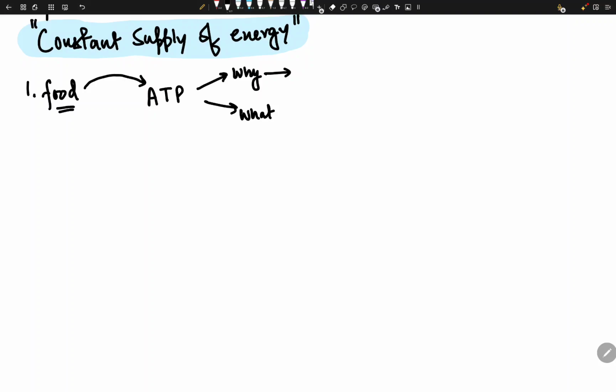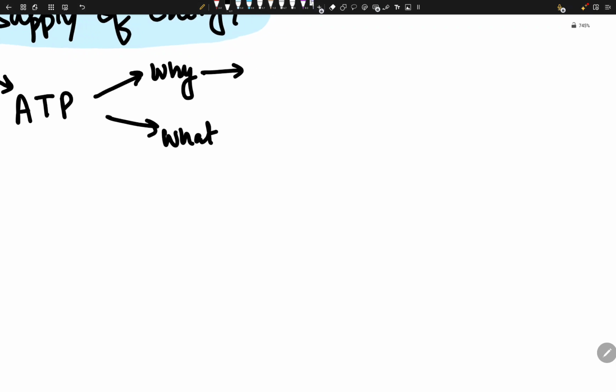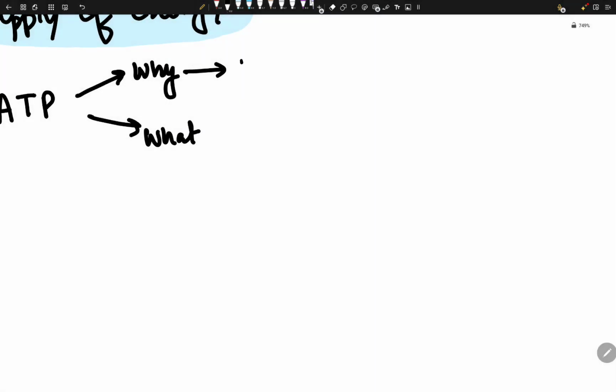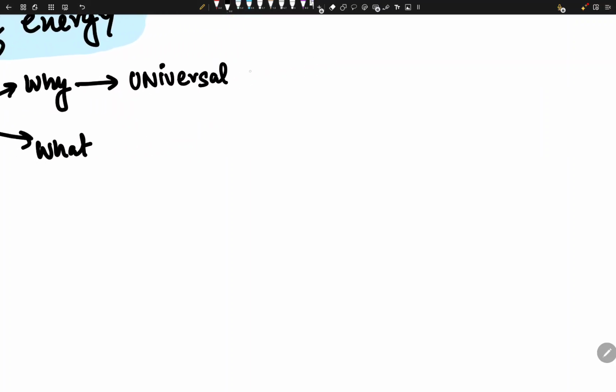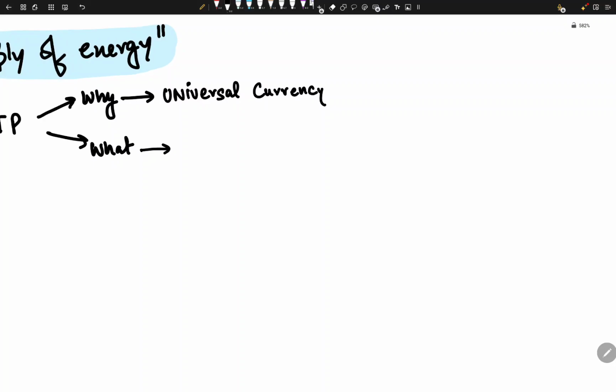ATP is a biological universal currency. Every enzyme can understand ATP. Every cell is like, yeah, I know this, I'll accept.